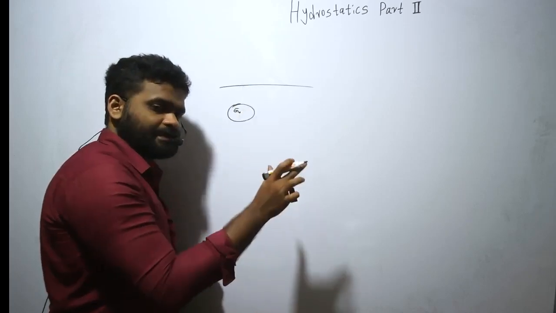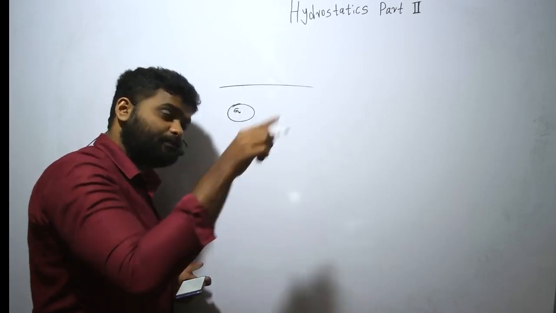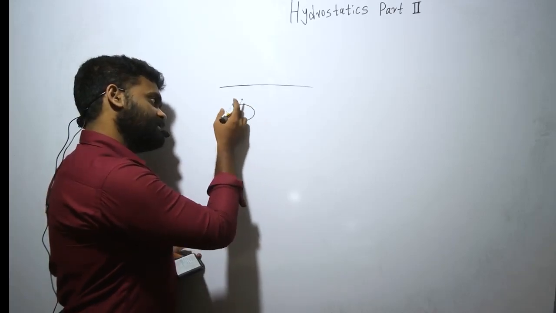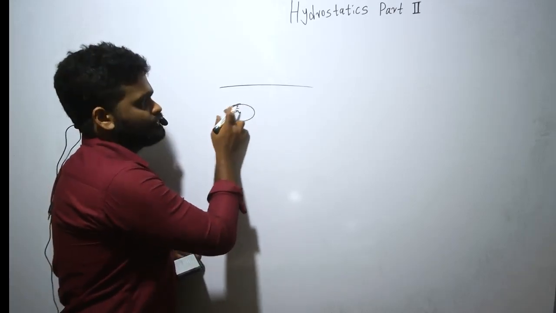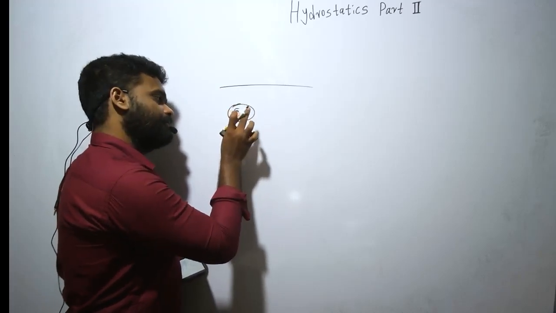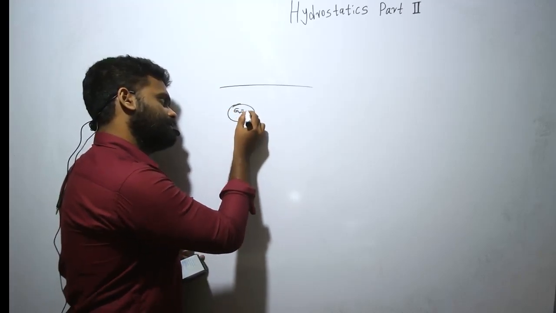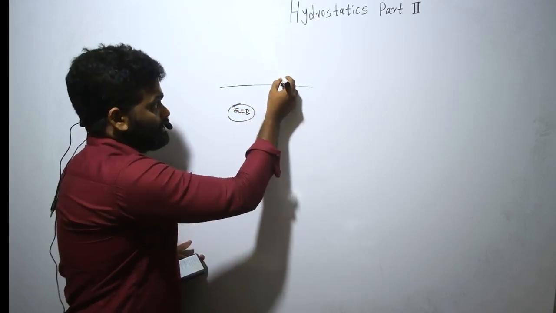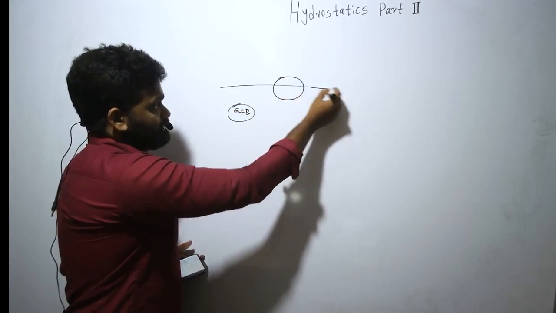Center of buoyancy is the center of gravity of displaced liquid. The displaced liquid volume is also this much, so for that one, the center of buoyancy should also be here, at the same place. Another thing, let's say there's an object like this.